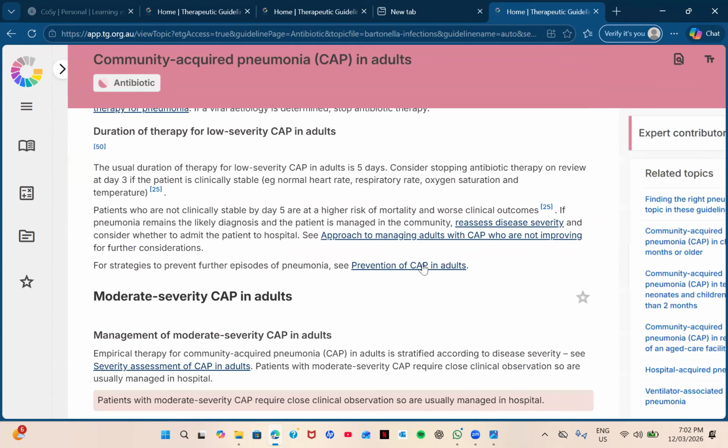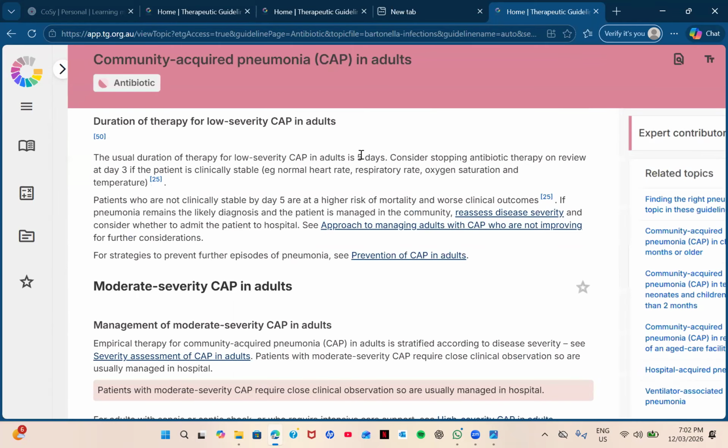So what is the duration of low severity community acquired pneumonia treatment? 5 days, right? Review on duration at 5 days.